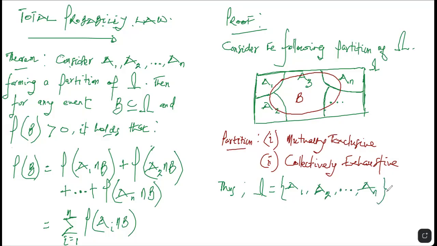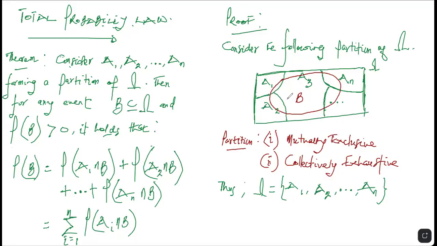Okay. And clearly, we see that these events are pairwise mutually exclusive. Okay, so they are all mutually exclusive and they are collectively exhaustive.